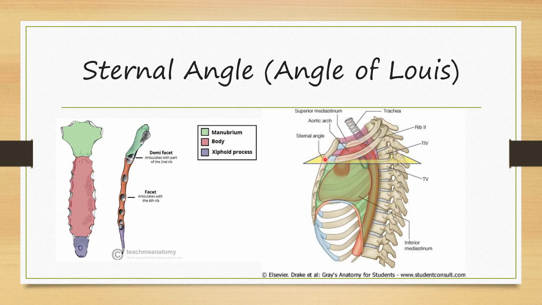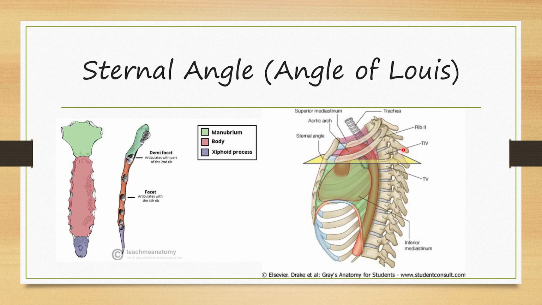This imaginary plane ends in the manubrium in front, and on the back, posteriorly, it ends at the fourth thoracic vertebra.